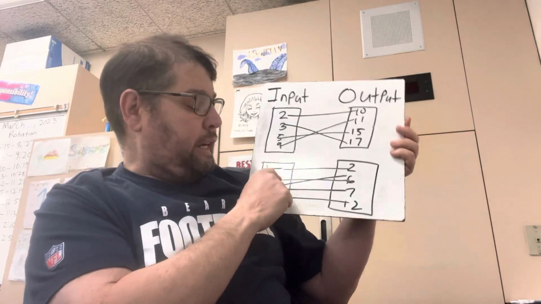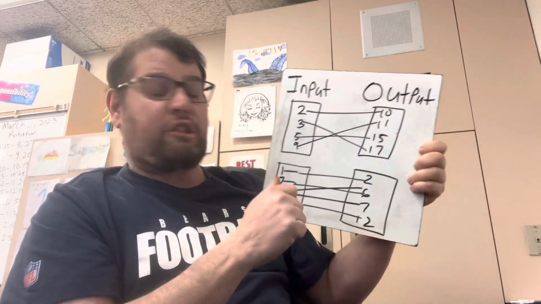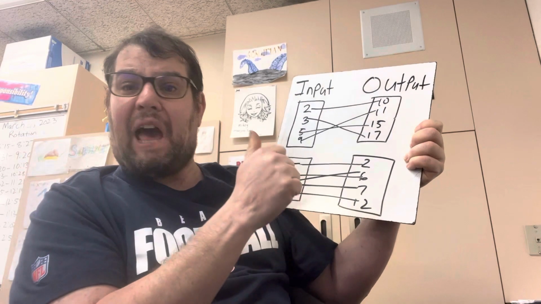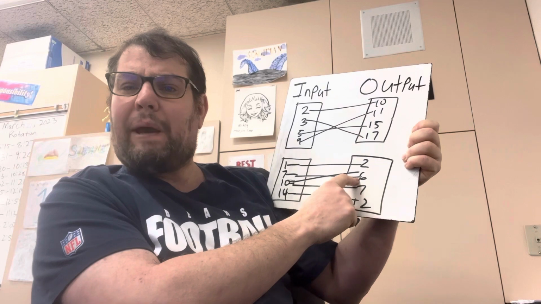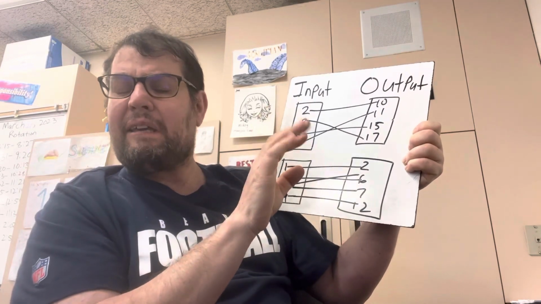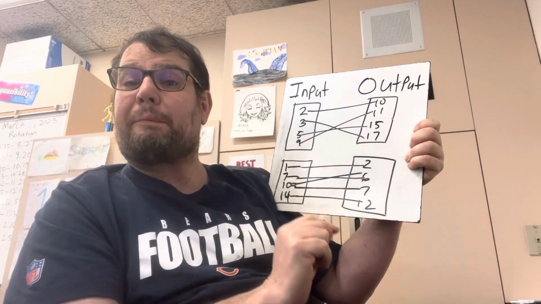But if we go down here, we see this 1 becomes a 2. That's good. This 7 becomes a 6. That's good. This 10 becomes a 6. But wait a second. Didn't that 7 become a 6? That's okay, because I can have 2 Coke buttons on the Coke machine. Here is where the problem is.